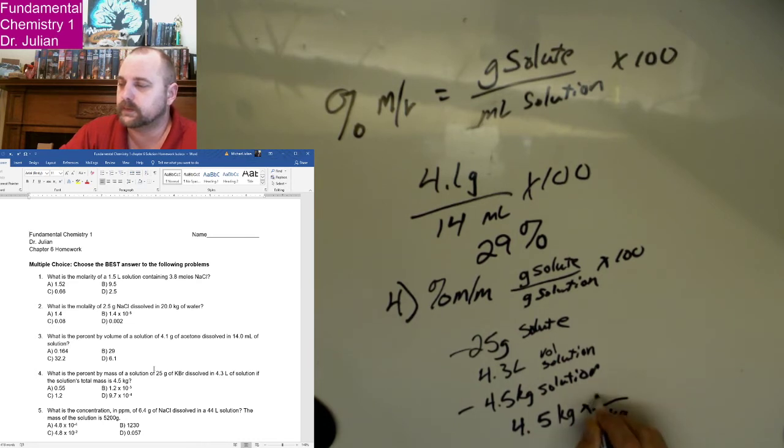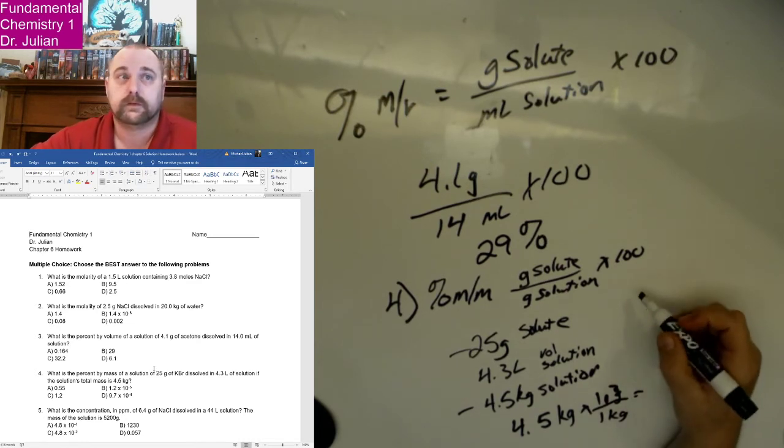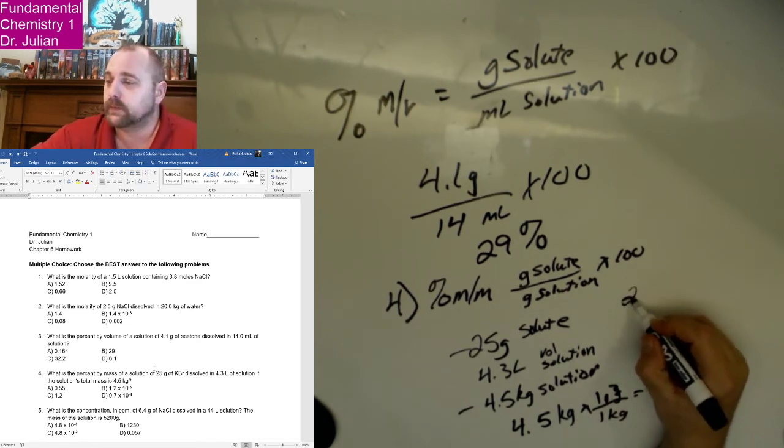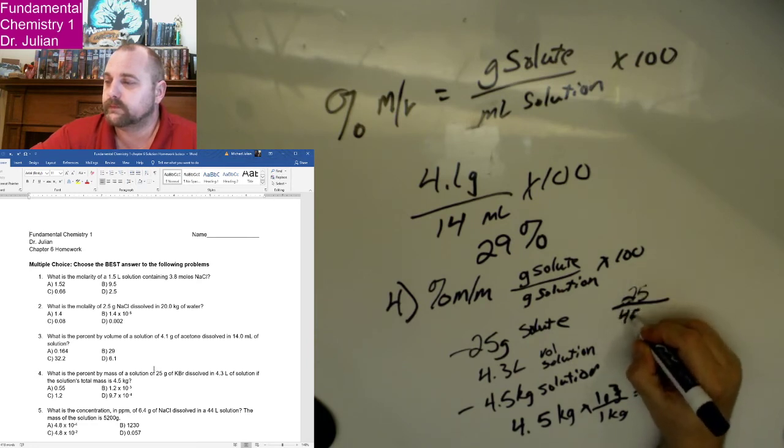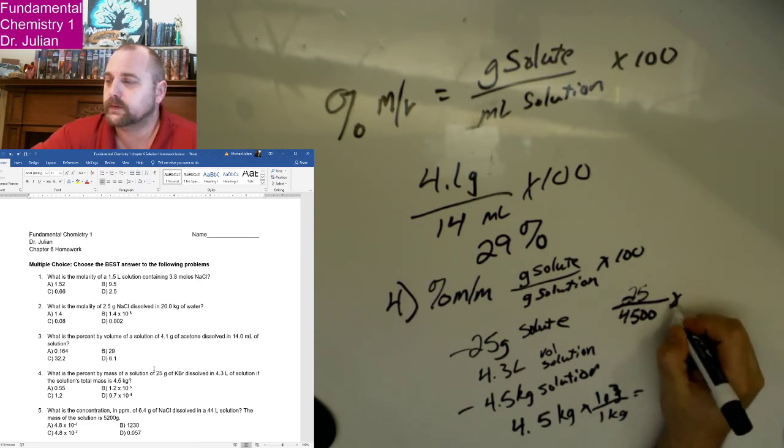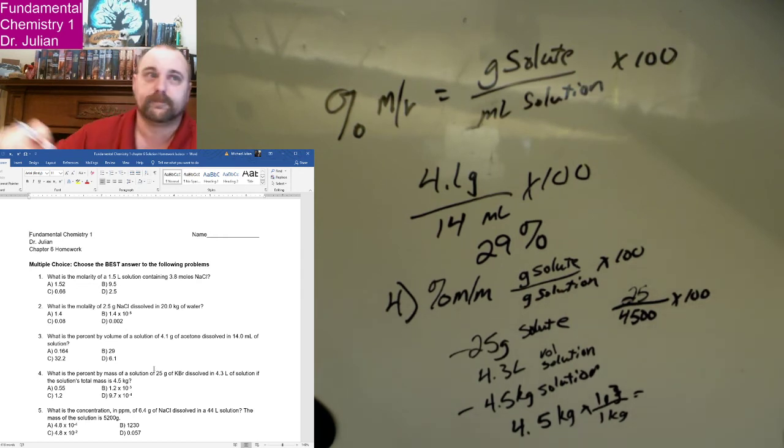1 kilogram is 10 to the third grams. So I'll write it all up here. I'm going to take my 25 divided by 4,500 times 100.